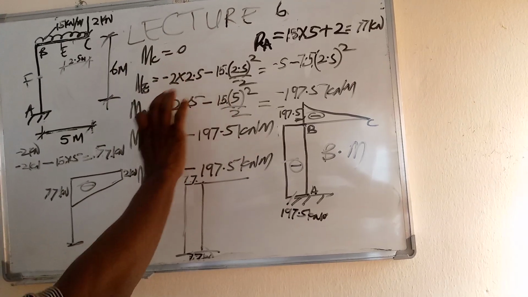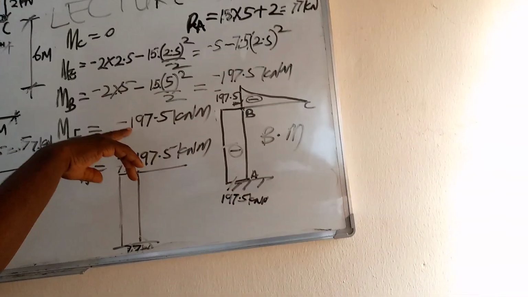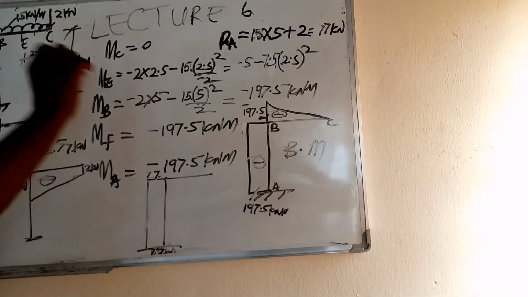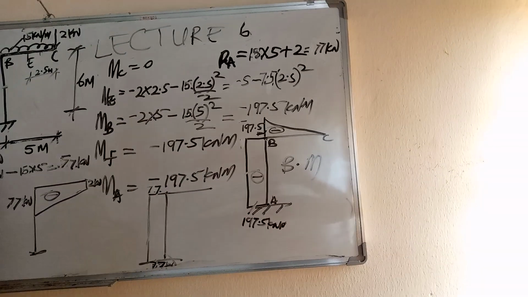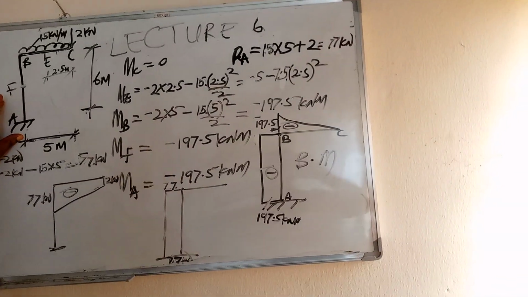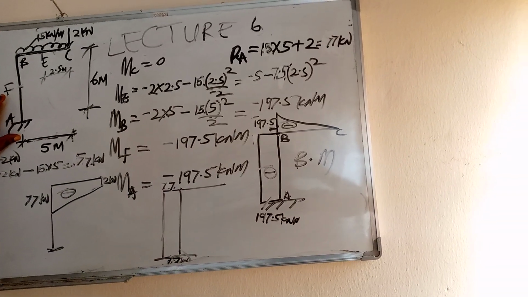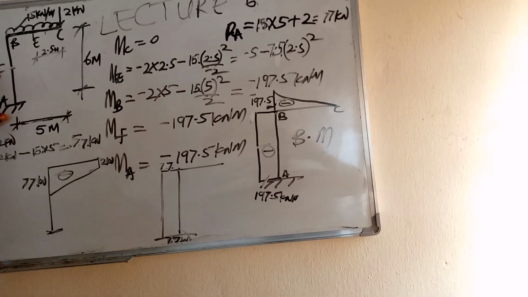That's why the bending moment at F is equal to what we got at B. And such moment at BF is concentrated. That's why the moment at A is also equal to minus 197.5 kilonewton meter, concentrated.